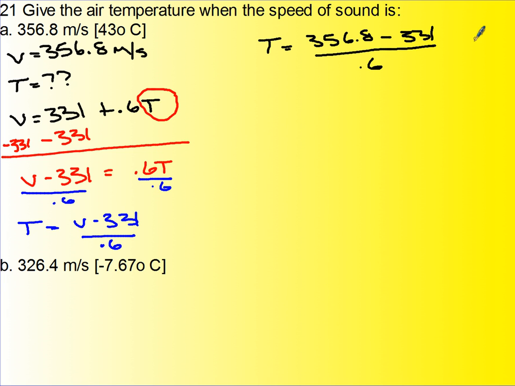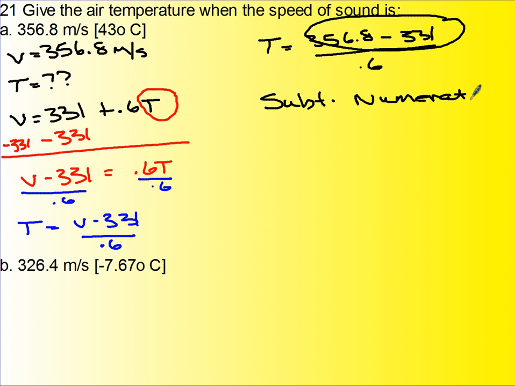Your first step is to subtract in your numerator. 356.8 minus 331 is 25.8, and then carry your denominator, which is 0.6.